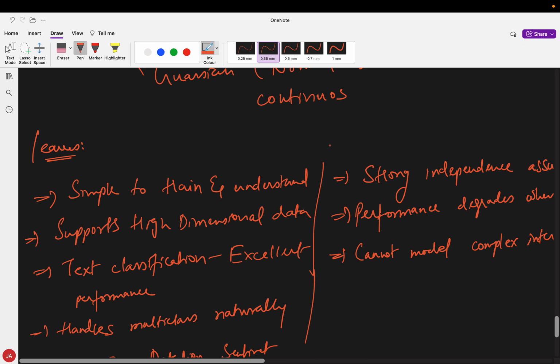Next, it supports high dimensional data, which is a very rare quality among classifiers. It also works well for text classification; previously spam classification was majorly done by naive Bayes.